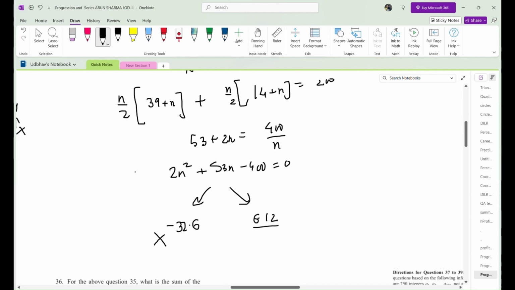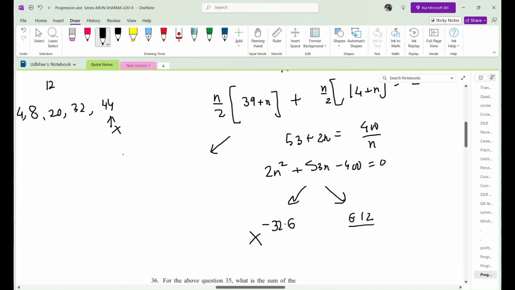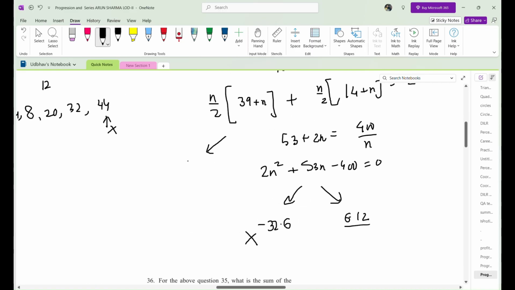When we put 6 in this equation, what will we get? We can take n by 2 common. 39 plus 14 was 53, and this will be 2n. So when we put 6 in this, we get 3 times 53 plus 2 into 6, that is 12. 53 plus 12 gives us 65, and 65 into 3 gives us 195.